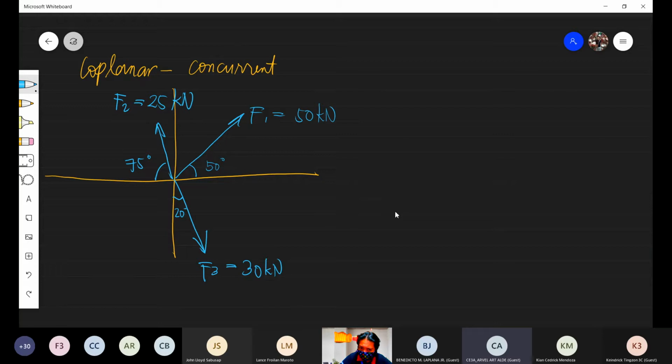So we're solving for the resultant. We will be needing all the angles and the forces used in every line. It's obviously given in there, Mr. Alde. What will you do with the given? How do you solve for the resultant?